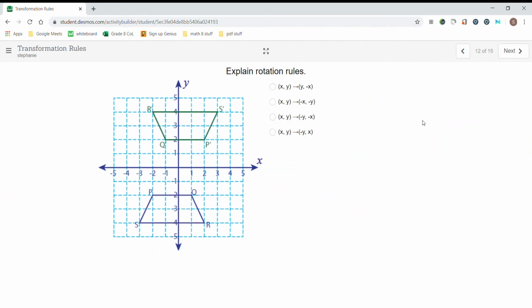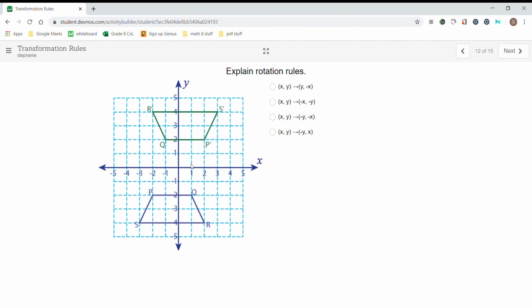So let's look at this one. I have trapezoid PQRS and trapezoid P prime, Q prime, R prime, S prime. I want to pick a point. Let's go with R. R was 2, negative 4.